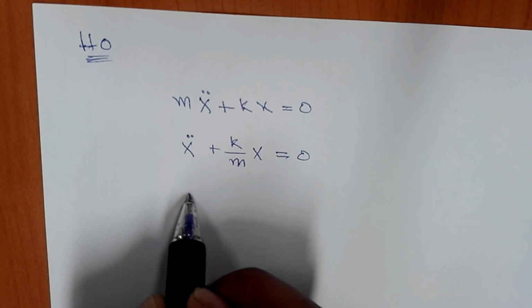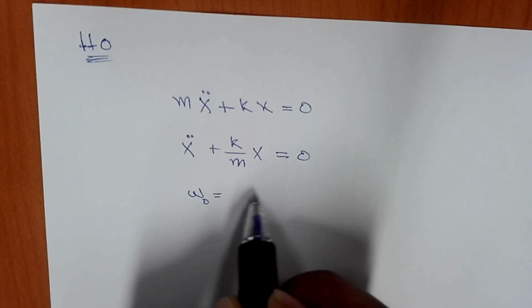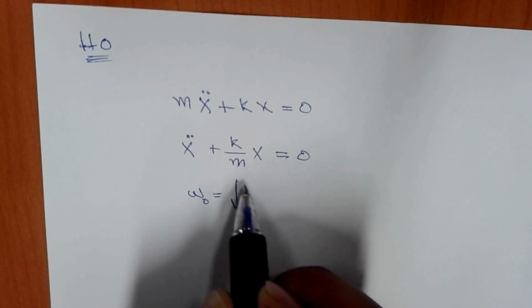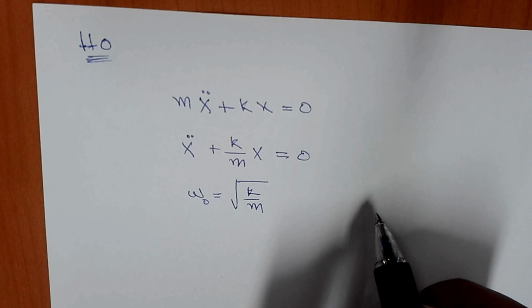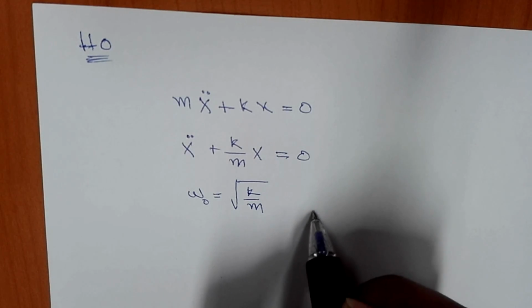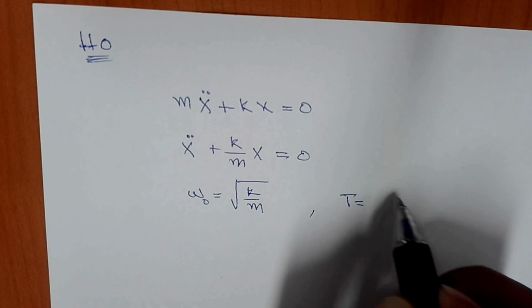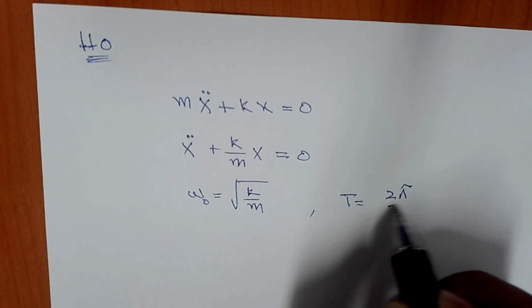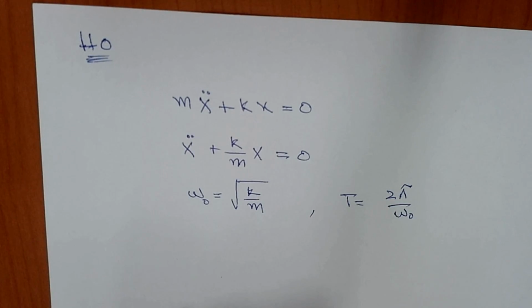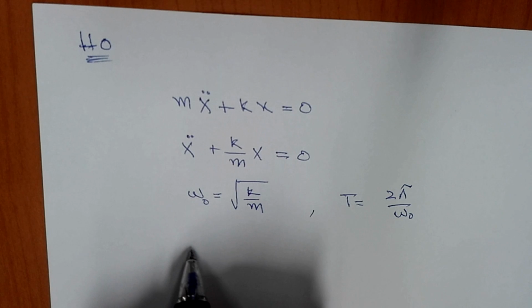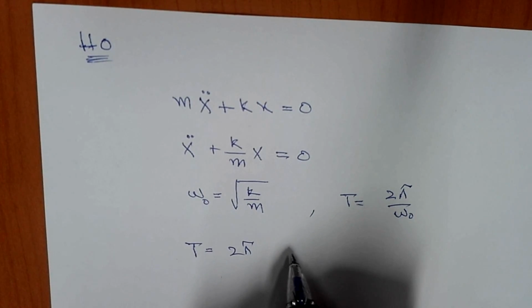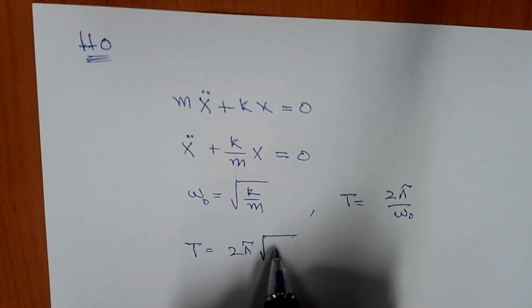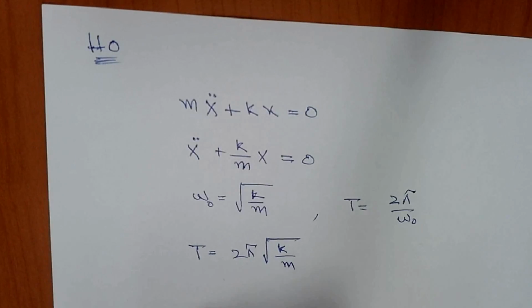So here the angular frequency is, in this case, omega naught is equal to square root k over m, and the period of oscillation is T is equal to 2 pi over omega naught, or we can write like this: T is equal to 2 pi square root k over m.